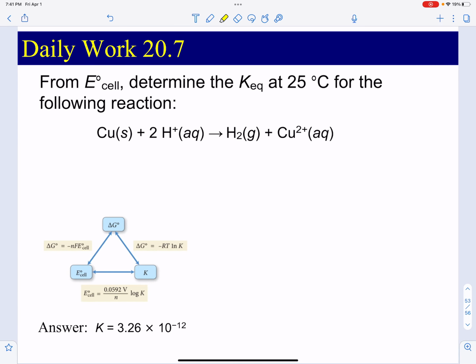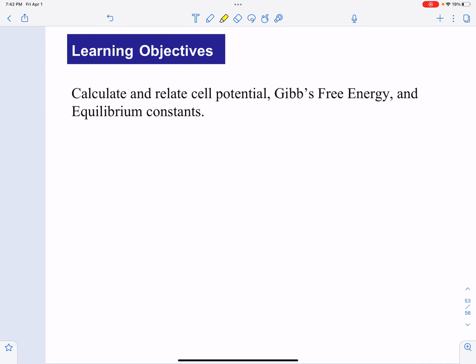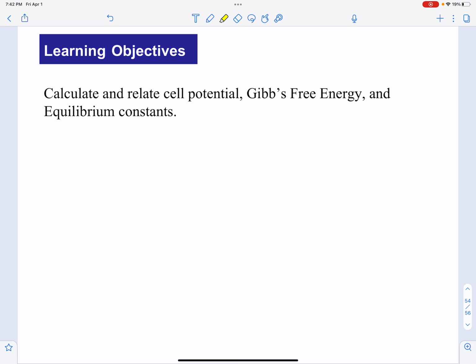And then you have another one where you can continue applying your prowess of math skills and determine the equilibrium constant. So find the equation that relates equilibrium, which could be this one here, right? And mathematically solve for the equilibrium. Remember, you always have to balance the reaction first. And with that said, that's how we relate cell potential, Gibbs free energy, and equilibrium constants.